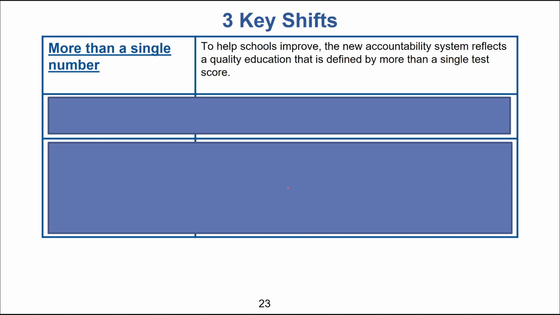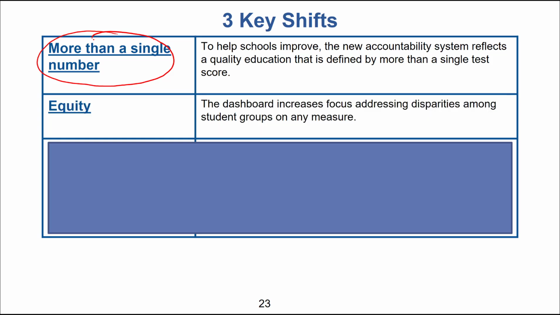Now lastly, as we look in here, just a reminder, the three key shifts that took place with the California accountability system is that we're more than a single number, no longer an API, many numbers. This idea of equity is that it focuses on addressing disparities among student groups. That's why we have the performance gap of 2 or more and also areas of greatest need.